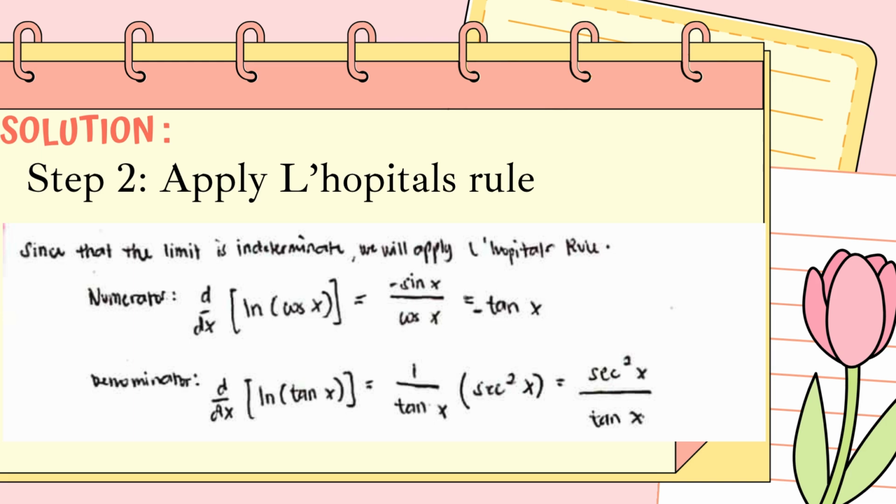For the denominator, the derivative of ln tangent x is 1 over tangent x times secant squared x, which is secant squared x over tangent x.